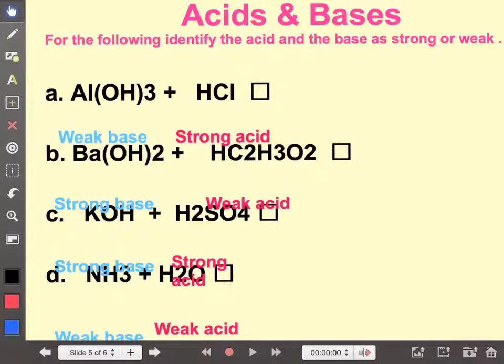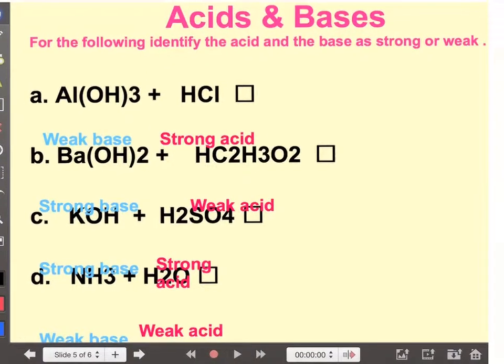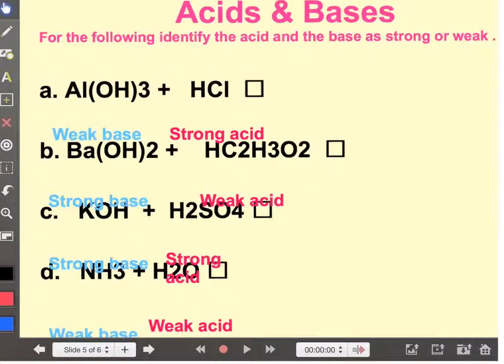On this problem, notice that we have aluminum hydroxide plus hydrochloric acid. Now to determine what we have for our results, we would take our aluminum and we would take our hydrogen, and they would trade places.